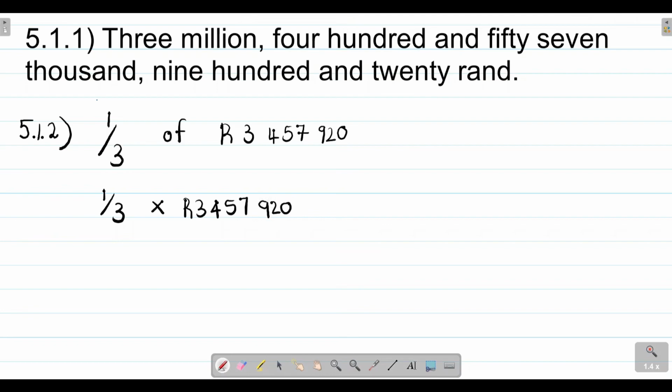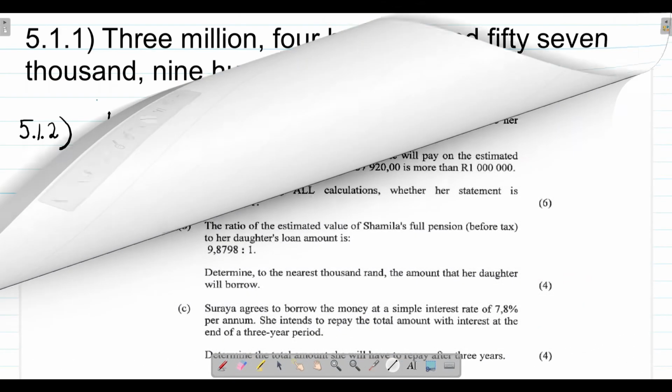If you punch that into your calculator, you'll find that a third of 3,457,920 is equal to 1,152,640. So if she chooses option number 1, that is how much she will get. She is going to get 1,152,640. Okay, let's go on to the next question.